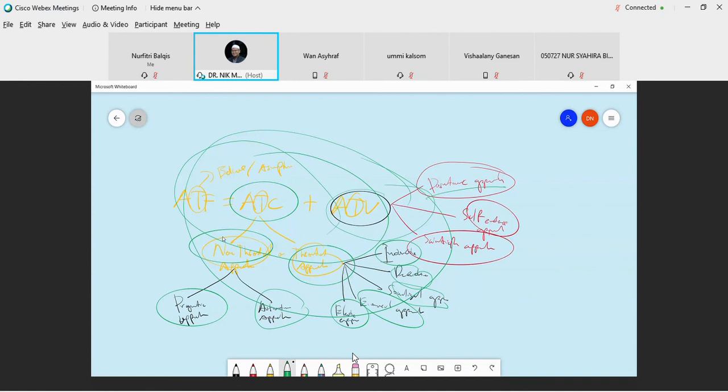The basic one, you need to have intro, you need to have discussion, and you need to have conclusion at least, and you need to have your reference. If you're referring to some sort of material ataupun you refer dekat mana-mana artikel, you kena cite betul-betul. You kena tulis rujukannya betul-betul.